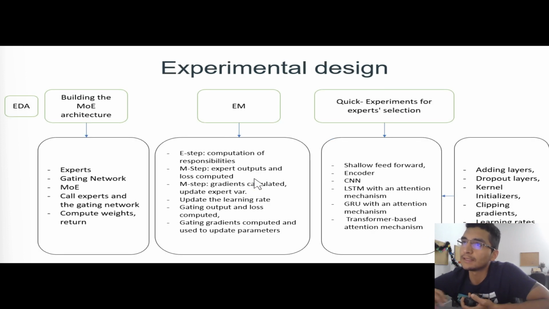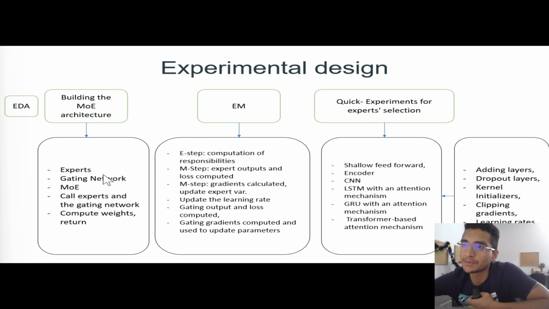So in the experimental design, after passing the first stage of checking the quality of the data and all the exploratory data analysis that we regularly do, we went into building the mixture of experts architecture. For that, what we first did was set the structure of the model. As I mentioned, we have the experts and the gating network.